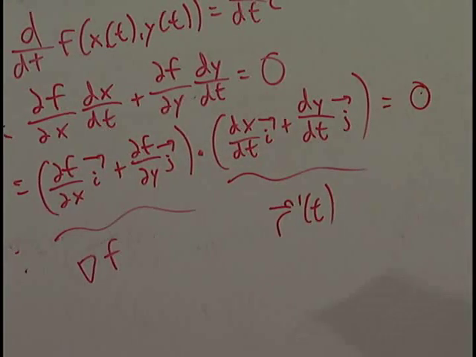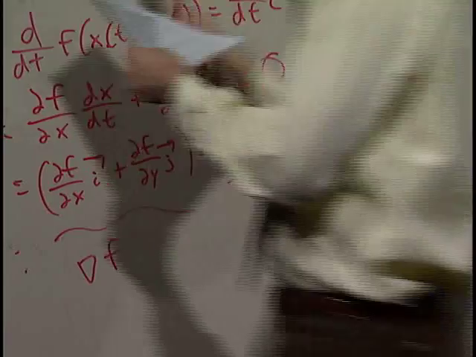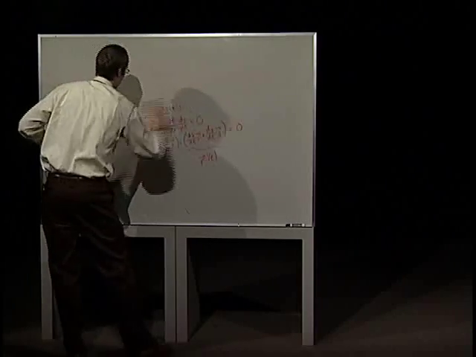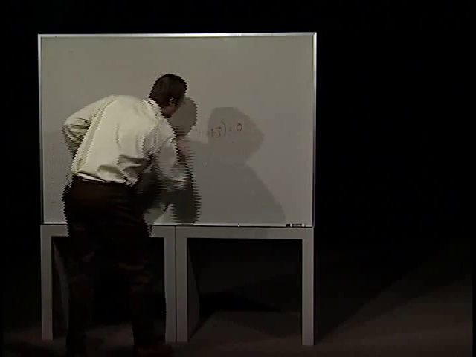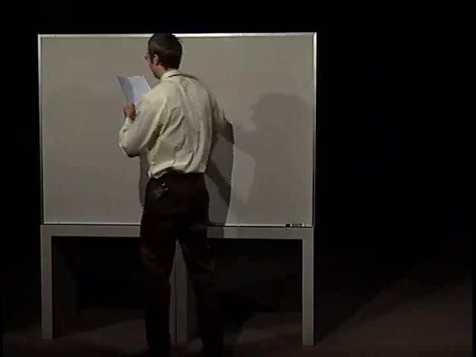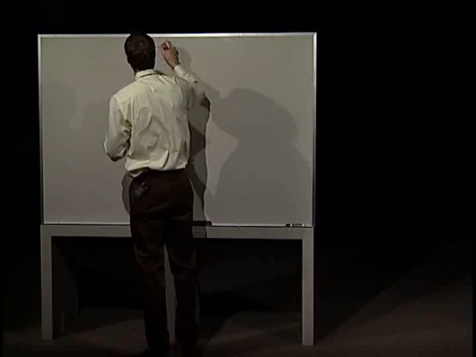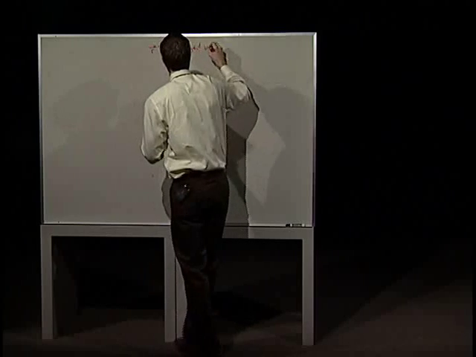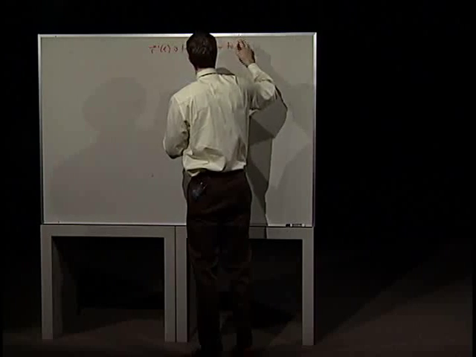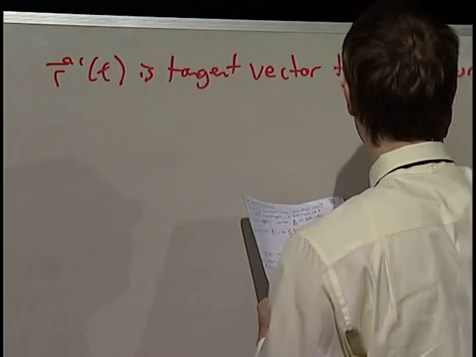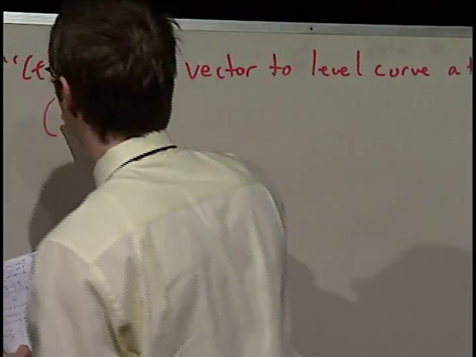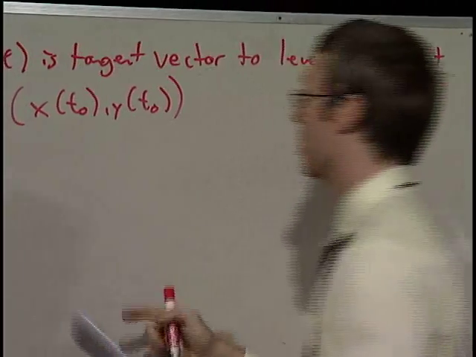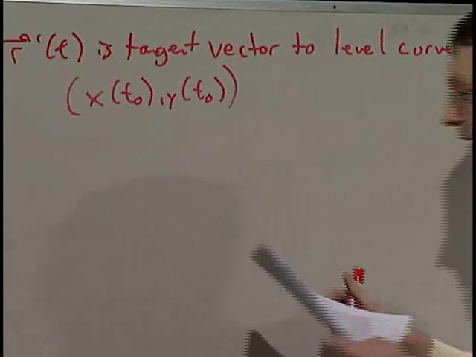So, let me erase this and make some room. Okay, now is there a way I can condense this down? So r prime of t naught is the tangent vector to the level curve at the point x of t naught, y of t naught, right? So some point on the level curve, there it is, there's the derivative to it.